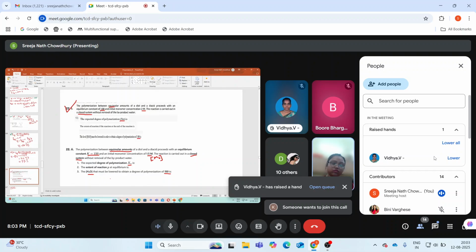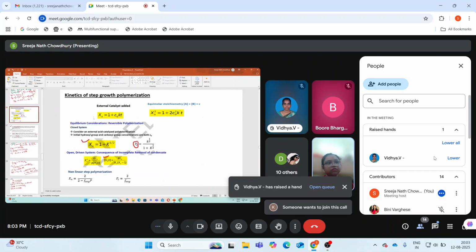So we have to calculate R. For that we have to first calculate average molecular weight. That is number 4, adipic acid and hexamethyl diamine, 116 plus 146 by 2, and that will give you.